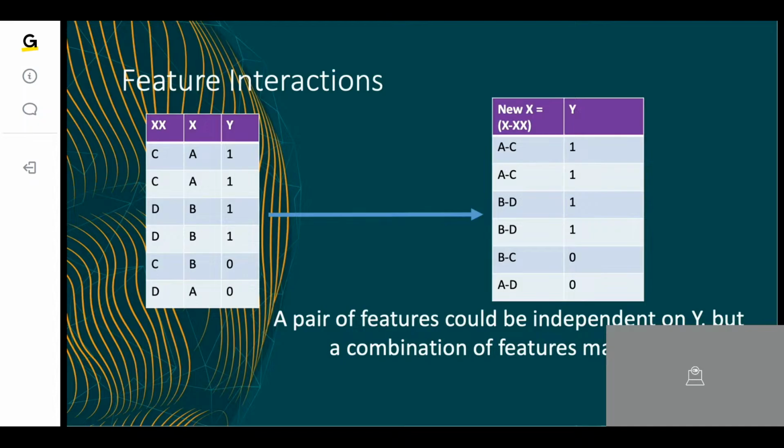Individually, these two variables are not predictive of y, but when combined together in this format, a minus c and b minus d, for example, when the values of the new variable are a minus c and b minus d, you would see that y comes out to be 1. Otherwise, it's always 0. Now, the filtering methods are unable to discover this. So that's why they fall short of being able to give you the best models as such.